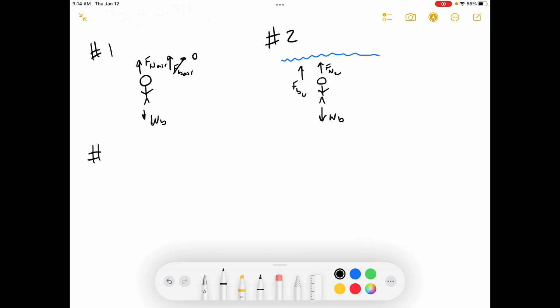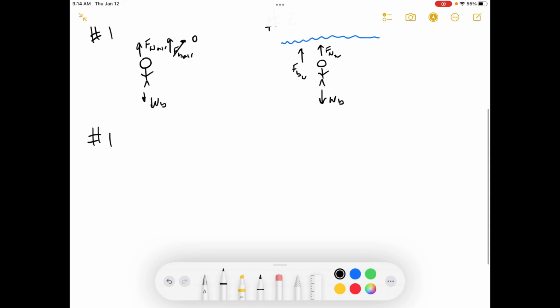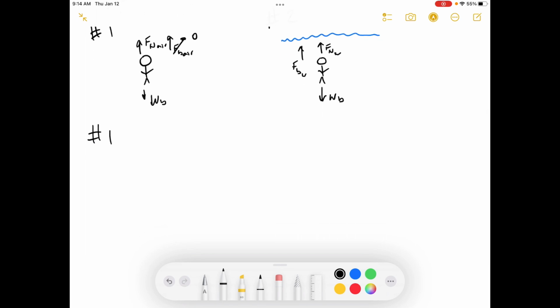So this is our force balance number 1. We're going to say that the sum of the forces is equal to 0, because if you're weighing the guy, he can't be moving. He can't be jumping on the scale or moving up and down. We're assuming that these weights were done at steady state, so he's just totally still.